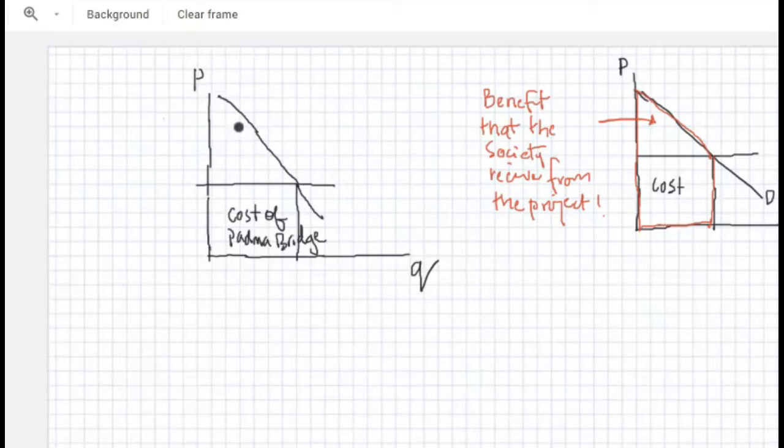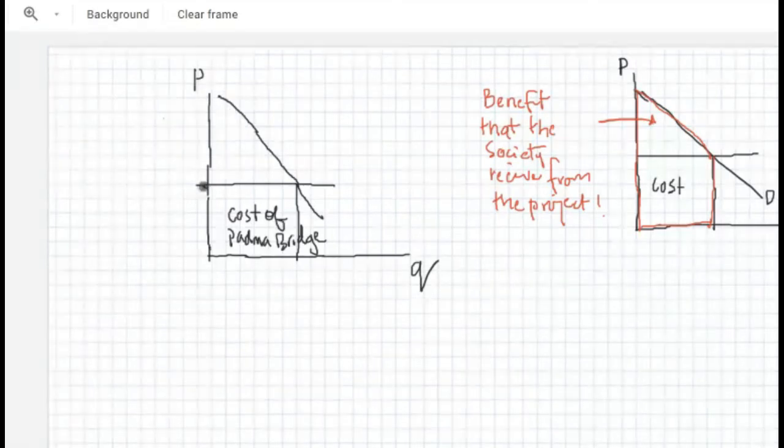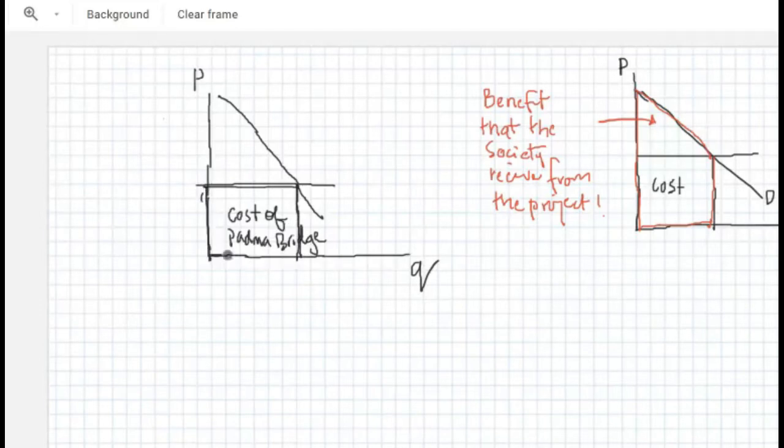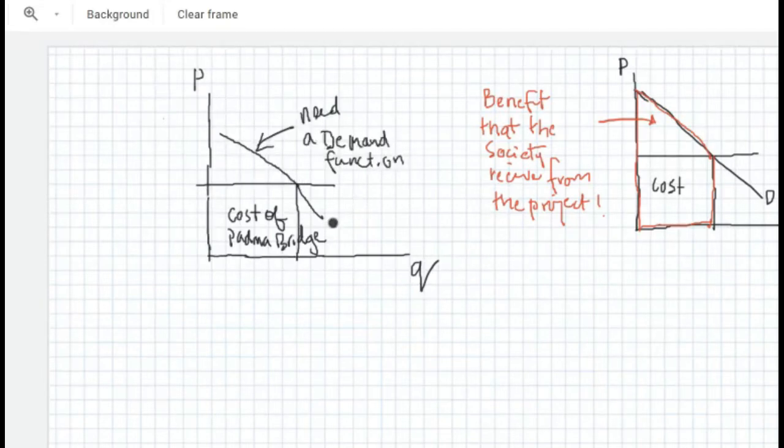And without the demand function, you will never be able to, because that's what you get. You always get this. They will say this is the cost of the project. So the question that really matters for us is to find out, how do I define a demand function? Can you find a demand function for Padma bridge? How would you find a demand function for Padma bridge?